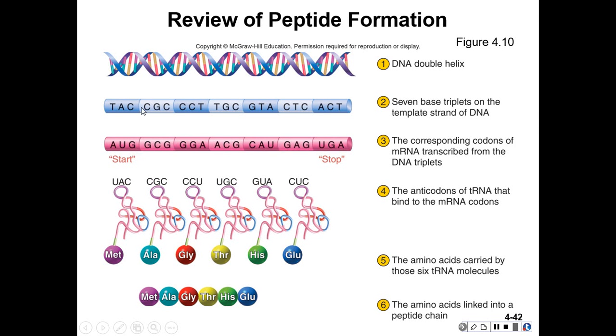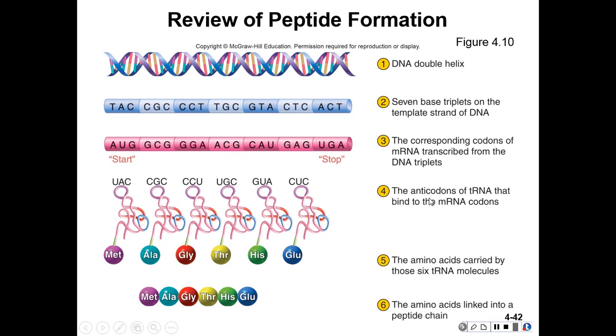Then it keeps coding, matching up T with G with C with G, T and A, and it keeps matching. We know that A is not going to be matching up with T in our RNA. It's going to be matching up with the uracil. And it keeps coding on, okay? So these are the corresponding codons of the mRNA transcribed from the DNA triplets that we have here. So this is our mRNA now.